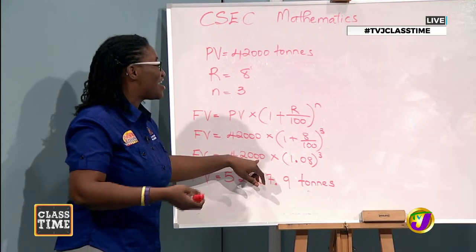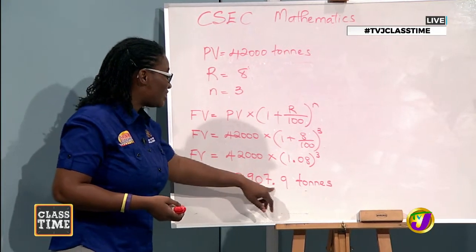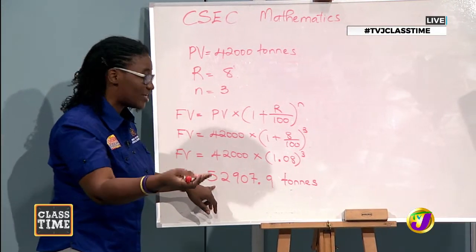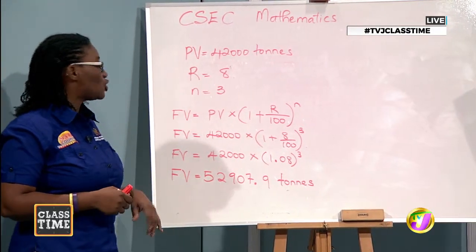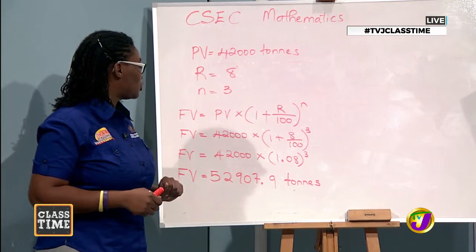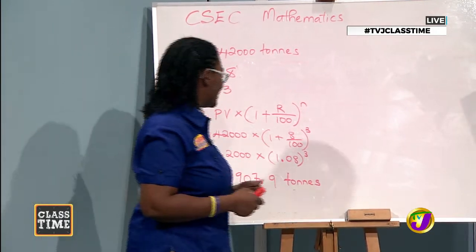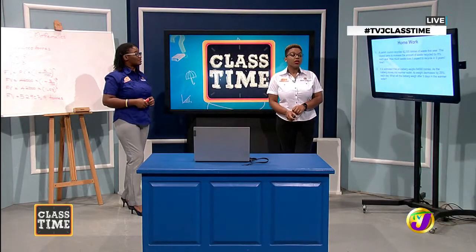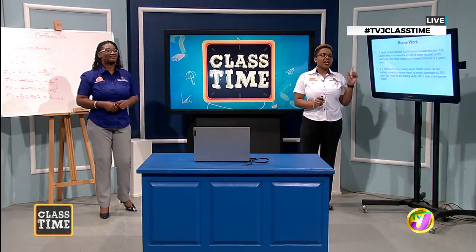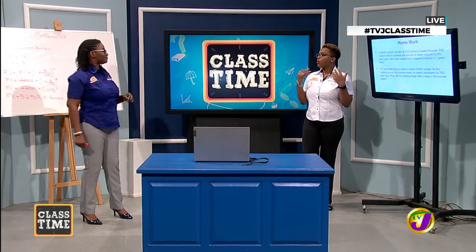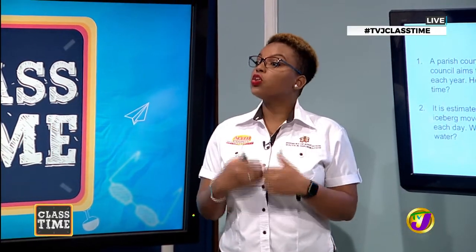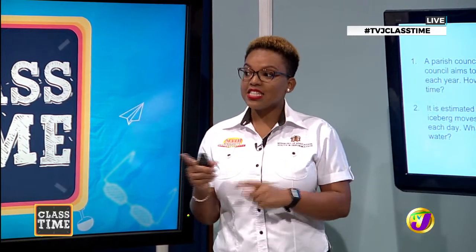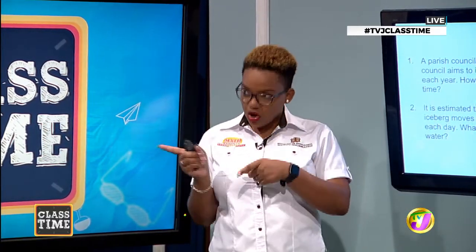And in 3 years' time, they're expecting, based on that rate of increase or rate of appreciation, they're expecting to recycle 52,907.9 tons. You know what I'm glad about? That this question does not have money, which means that not all the time it's dollars. That's right. Because in this case, the unit is tons.